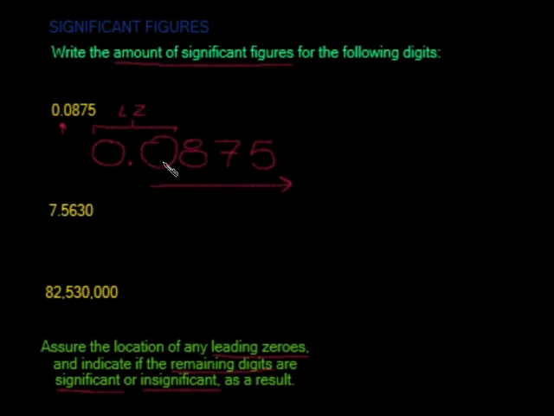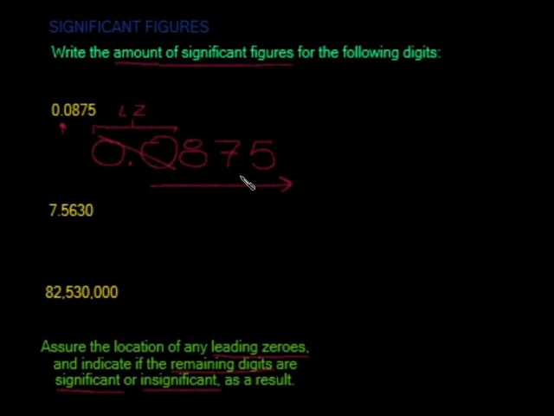In this case, we are not counting these two zeros. Since we have the decimal in there, these two are leading together, so I count them as insignificant, since we do not count leading zeros.